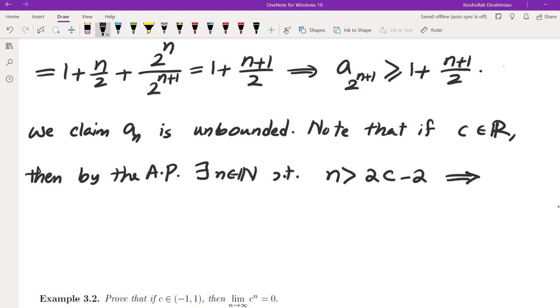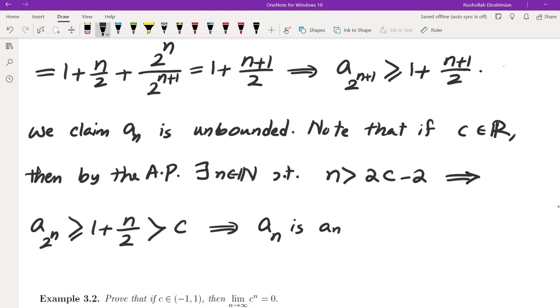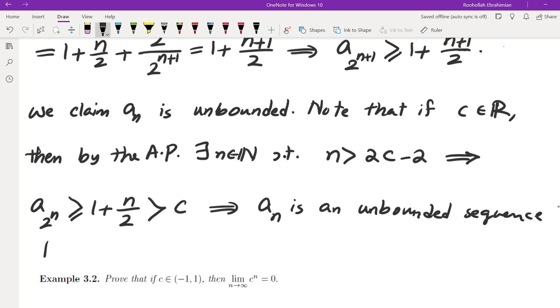So that means if I look at a sub 2 to the n, that's 1 plus n over 2, which is greater than C. And therefore, the sequence a n is an unbounded sequence. And thus it diverges.